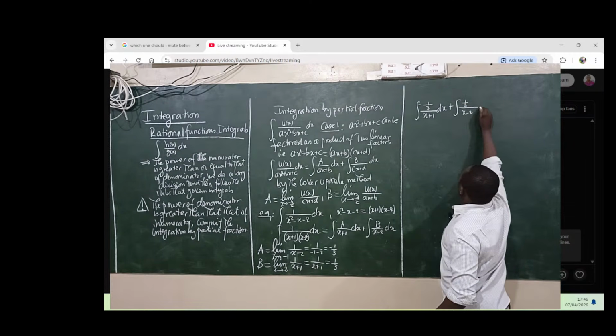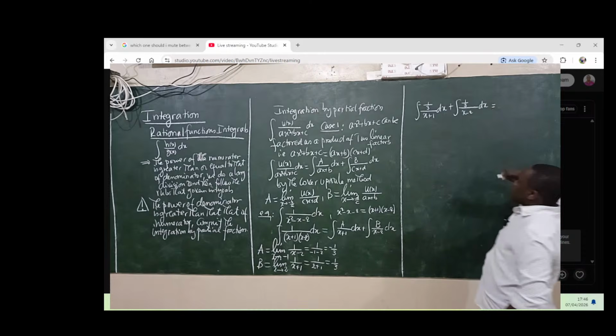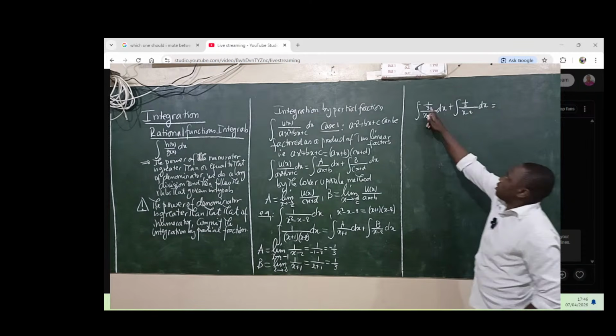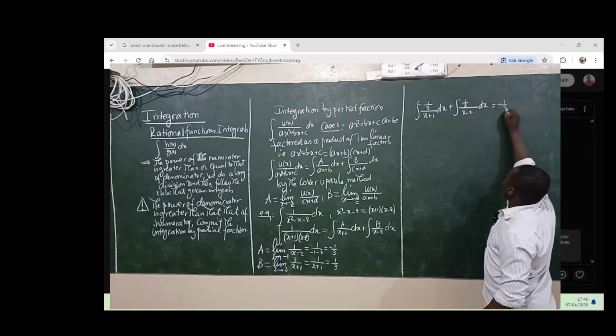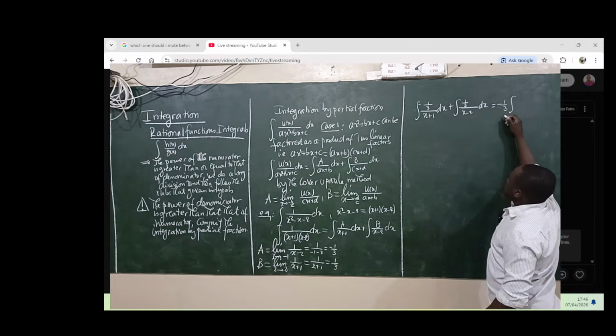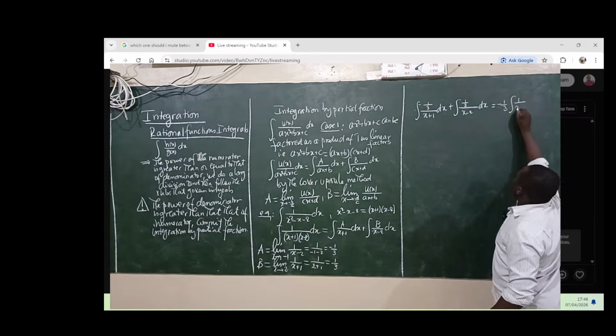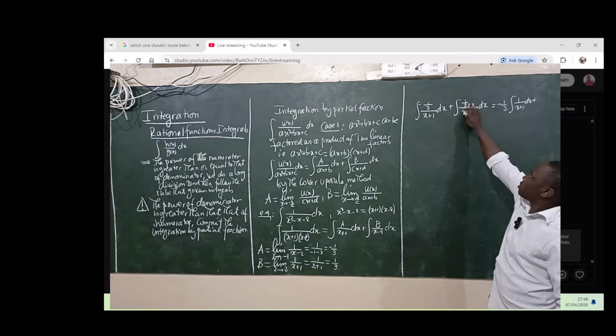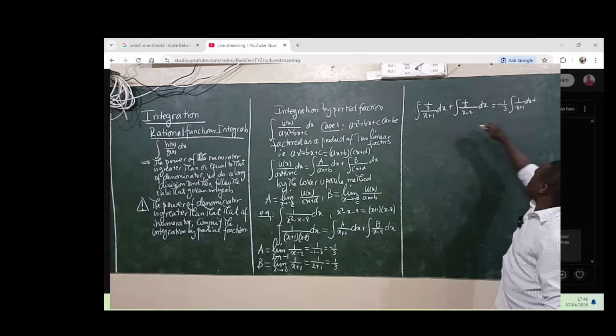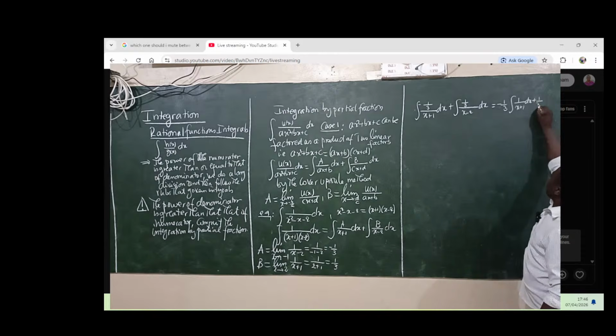This is going to be, with this number out of the integral sign, minus 1 over 3 times the integral of 1 by x plus 1 dx plus, take this 1 over 3 out of the integral sign, to have 1 over 3 times the integral of 1 by x minus 2 dx.